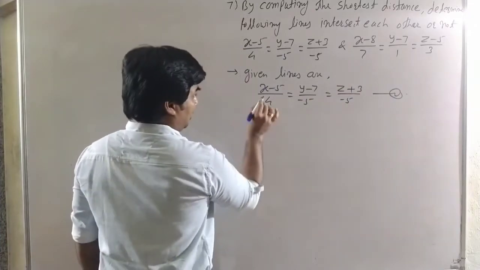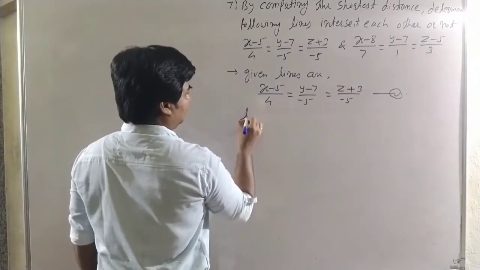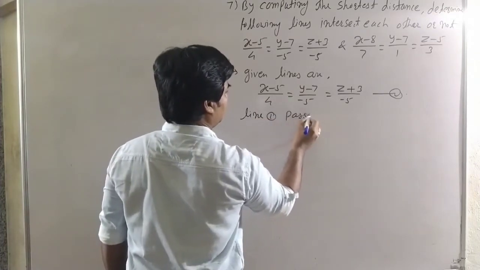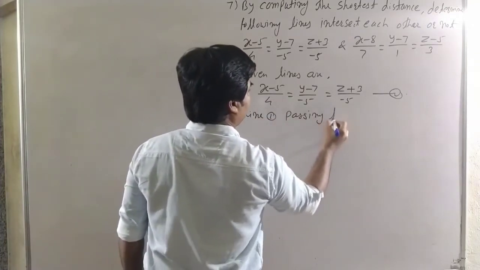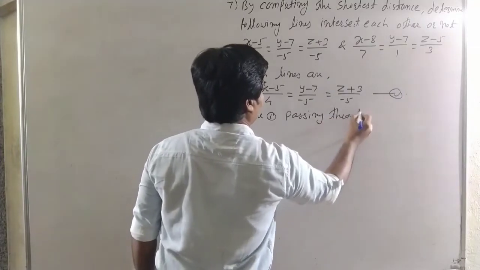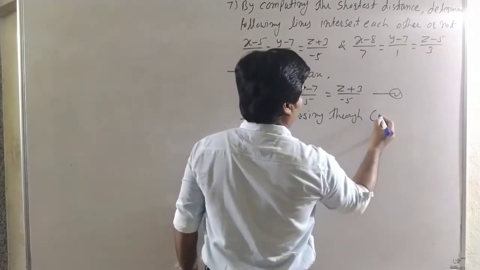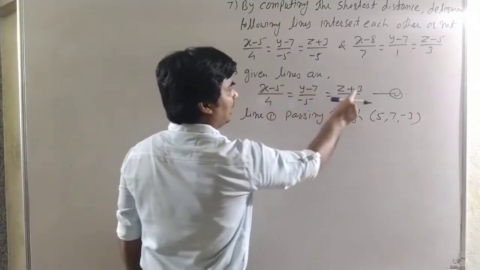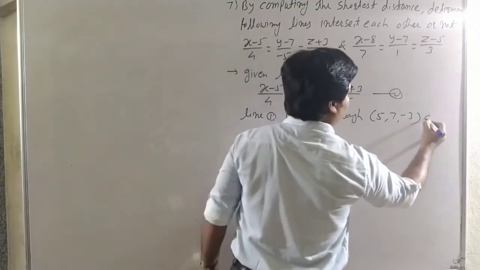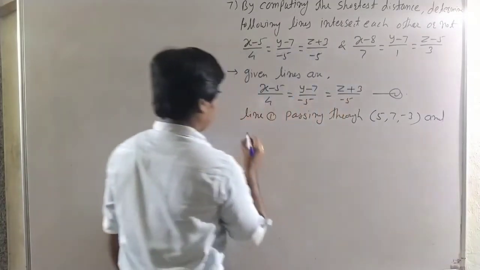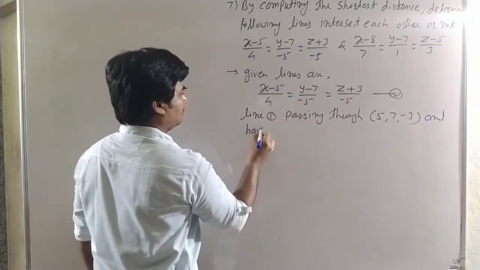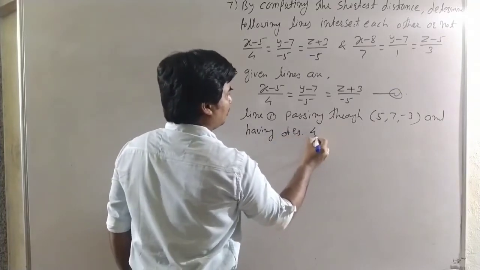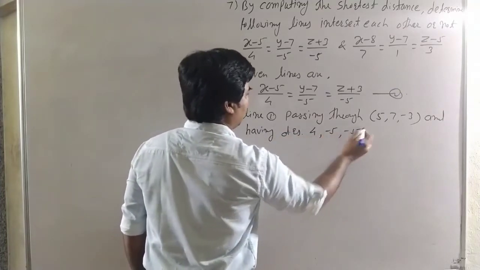Therefore, line 1 passes through (5, 7, minus 3) and has direction ratios 4, minus 5, minus 5.